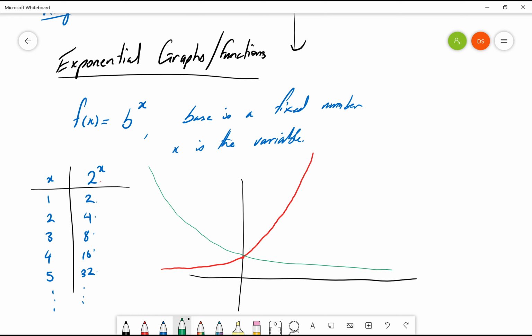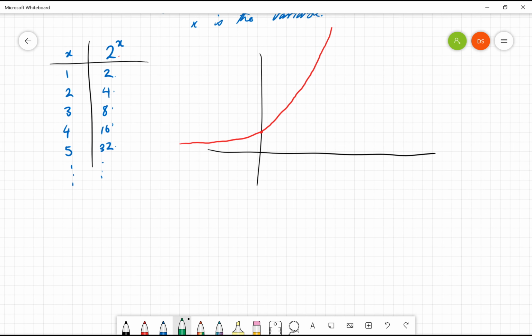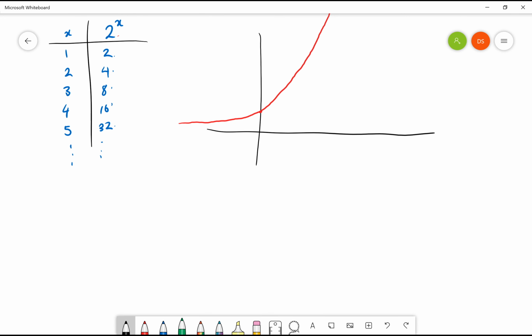They're called decay curves. But I'm going to get rid of that one. We don't need that one for now. So that's how exponential graphs work. And so what I'm going to do is just quickly plot a few. I'm going to say f of x is equal to 3 to the power of x.